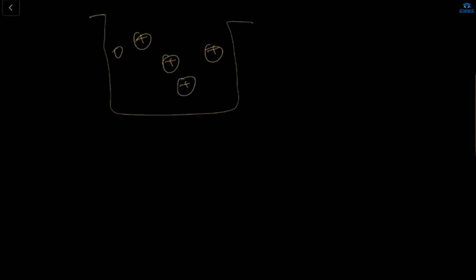What is this? So here, let's say this is my beaker. Here positive, positive, positive, positive, and negative, negative, negative, negative, negative. What is this? These are the neutral atoms.